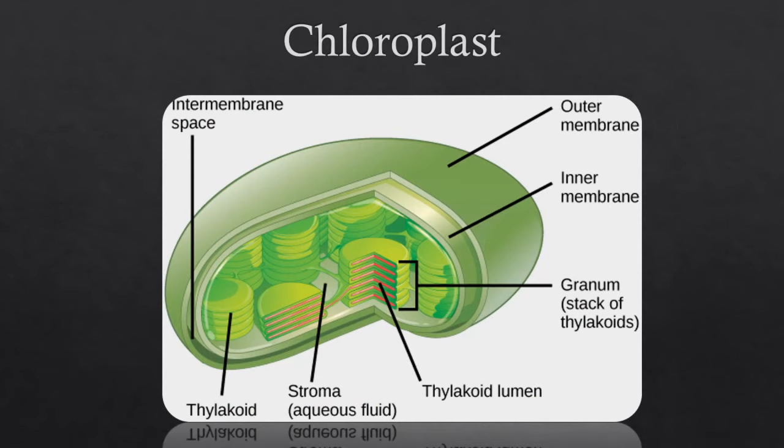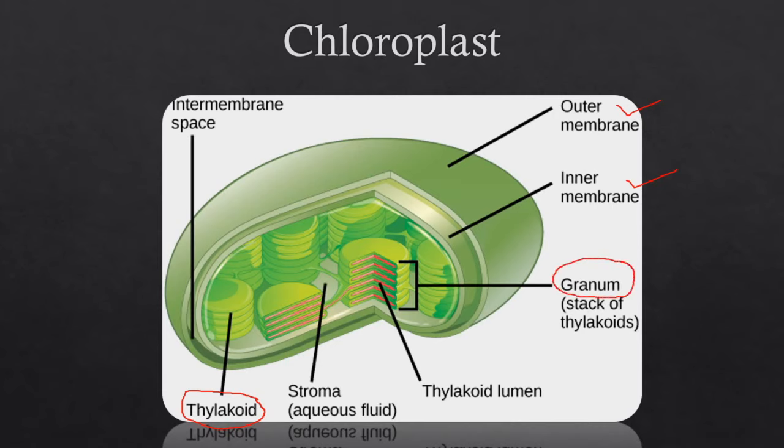You can see here the chloroplast is going to be a double membrane structure. There is an outer membrane, there is an inner membrane, and inside that you have these small coin-like structures that are stacked over each other. Now these individual coin-like structures are called thylakoids, and this stack of thylakoids, the stack of these coin-like structures, is called the granum or the grana.